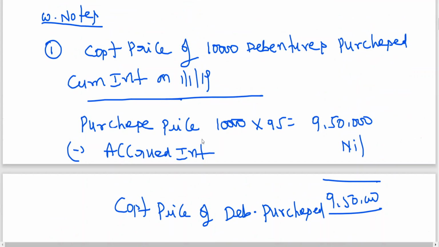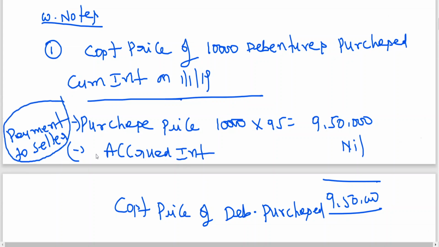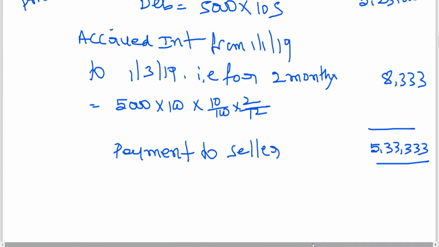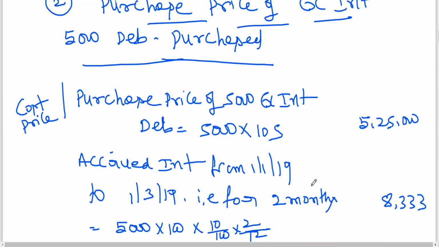In this case, the purchase price of 10,000 debentures into 95 is nothing but the payment to the seller. But the payment to the seller includes interest. To find out the cost price of debentures, we need to deduct accrued interest. But in this case, since the last date was 31st December and you purchased on 1st January, no need to calculate interest. Clear to all of you? This is how we need to calculate.